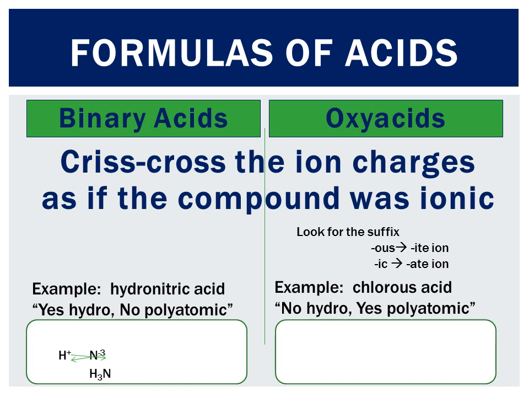Chlorous, so the suffix ous tells you that it's an ite ion, in this case, chlorite. So I have to look up my polyatomic ions. ClO2 minus is chlorite. The cation is always hydrogen. Swap and drop the charges. Here it's 1 to 1, so you just have HClO2.